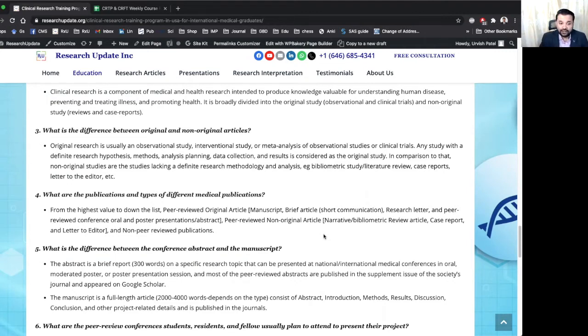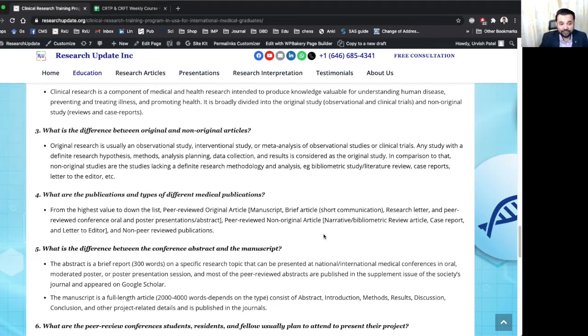Now, is only publishing an abstract important, or do you require exposure to both abstract and manuscript at a beginner level? I feel if you have the opportunity, then you must engage yourself not only in the abstract but also in the manuscript, because if you publish an abstract without publishing a manuscript, it will not help you at all, because ultimately the question will arise that you did not complete your project.